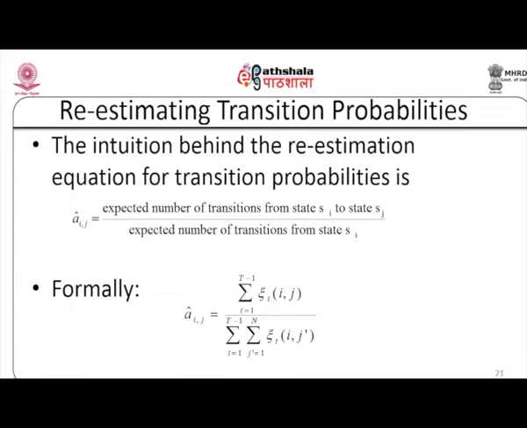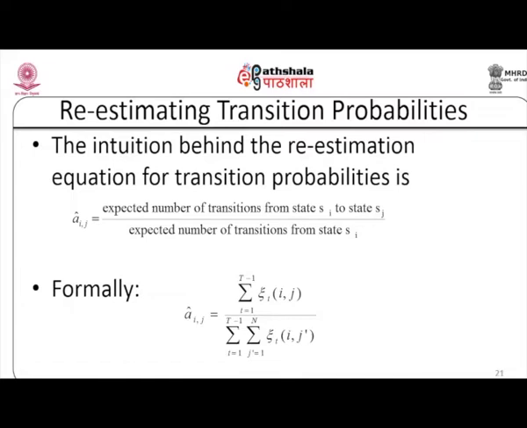So, the expected number of transitions from state S_i to S_j is given by the numerator, and the expected number of transitions from state i to any of the j's, for all the t's and all the j's, is given by the denominator. In the numerator we go from i to a particular j; here we find it for all the j's. That gives me the transition probability.